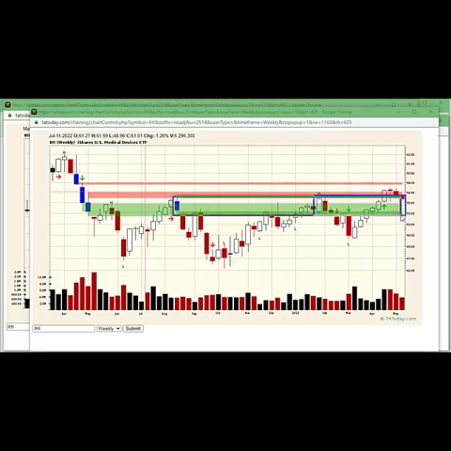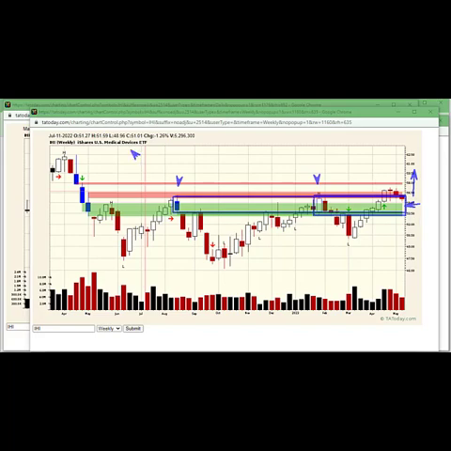And the way you do that is you look for things that you know the probabilities of. And we know that when we come back in and test two swing point highs after a breakout on both the daily and the weekly, we have a pretty good probability that this thing is going to try and regenerate to the top side. So knowing that, what I'm interested in is trying to buy it somewhere in here.